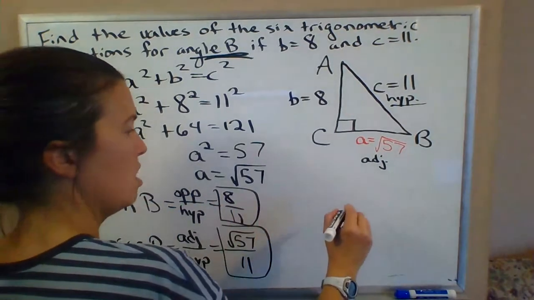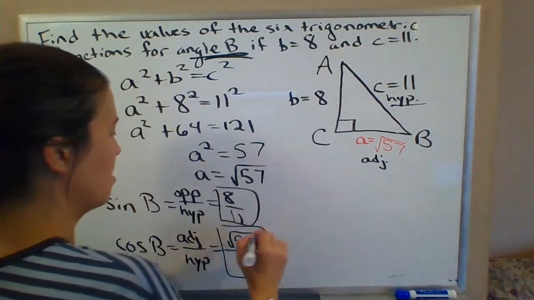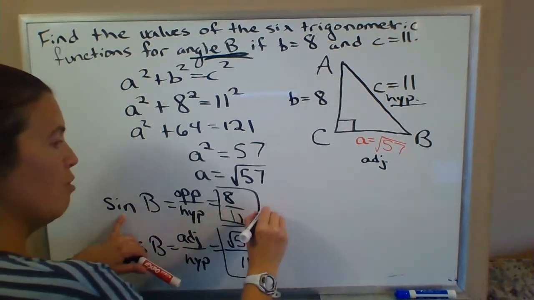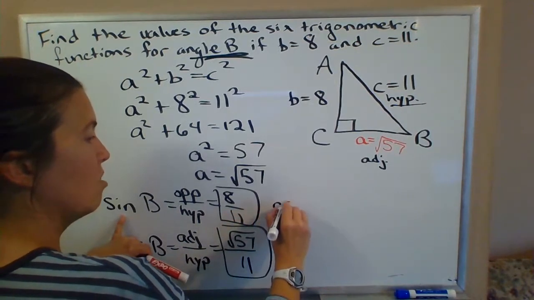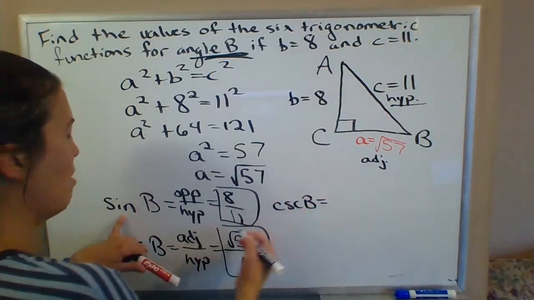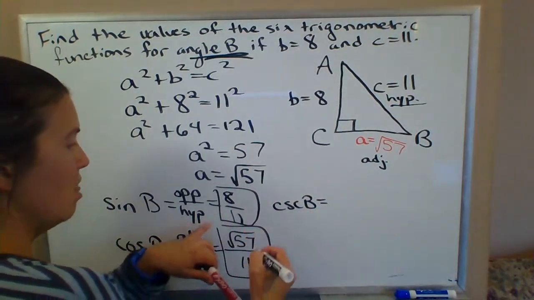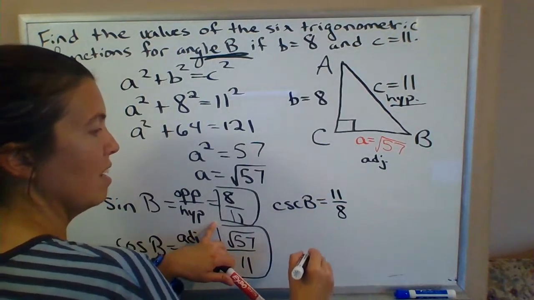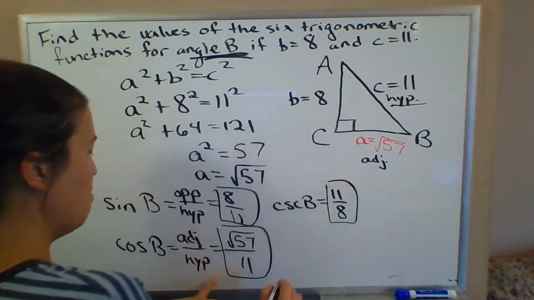Okay, we could do tangent. I'm thinking about what I want to do next. Well, let's use reciprocals. So if we have the value of sine, the reciprocal of sine is cosecant. So without even really looking at the triangle, if we're confident about our answer for sine, then we could just take this and flip it. Put the reciprocal for the value of cosecant. And same thing here.